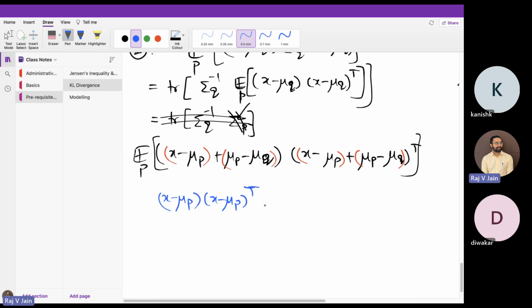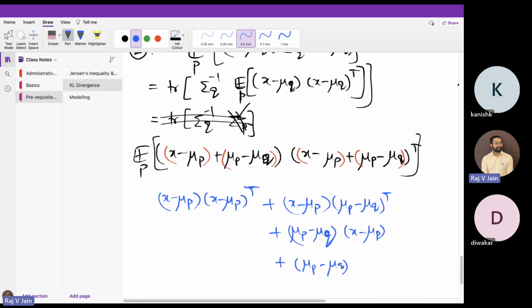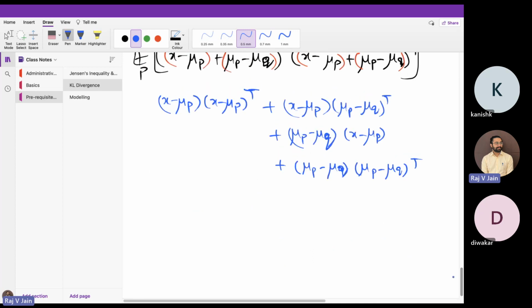Next, what term do I have? I have x minus mu P into mu P minus mu Q transpose, and the same term again with the order swapped. Now if you take expectation over this, what would be the result? The first term is simple, we just discussed, this is just sigma P. What is the next term?